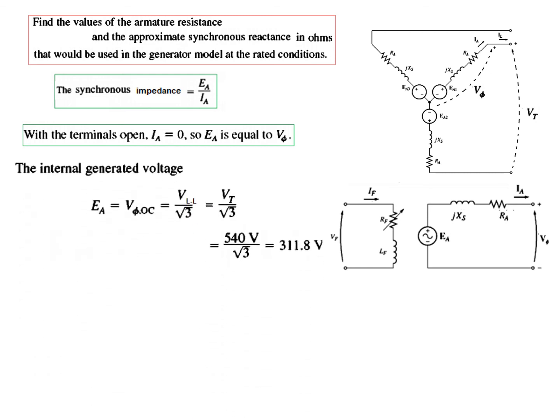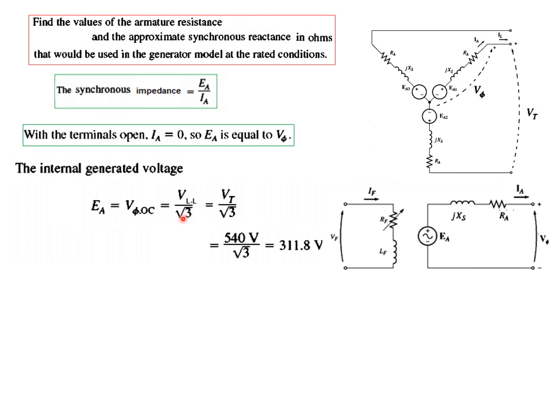Now we need to actually find EA and IA to find the impedance. So let's first of all find EA. EA we know is V open circuit, as we saw from here, and V open circuit is actually VT. This is the voltage given, or V line to line. So it is V line to line divided by root 3.